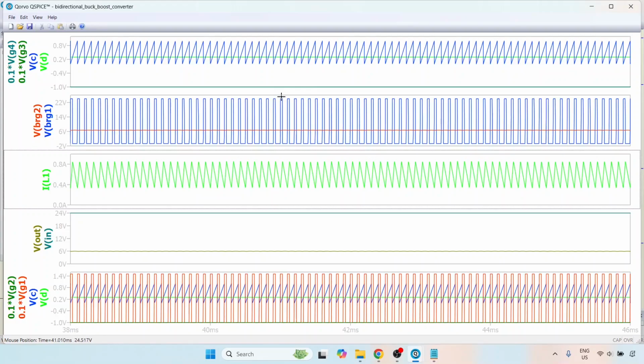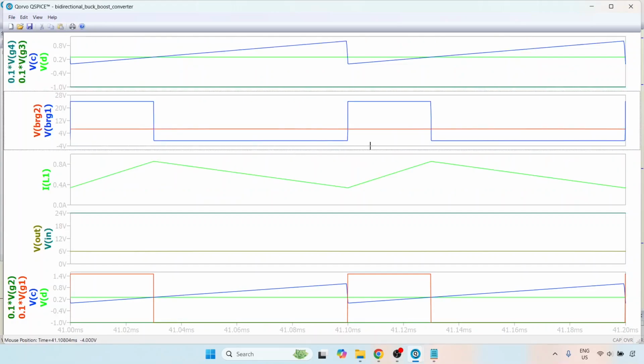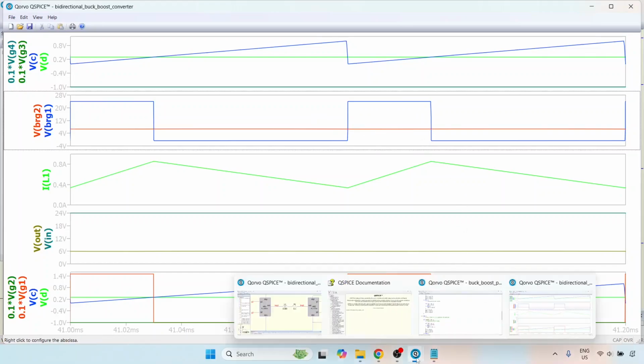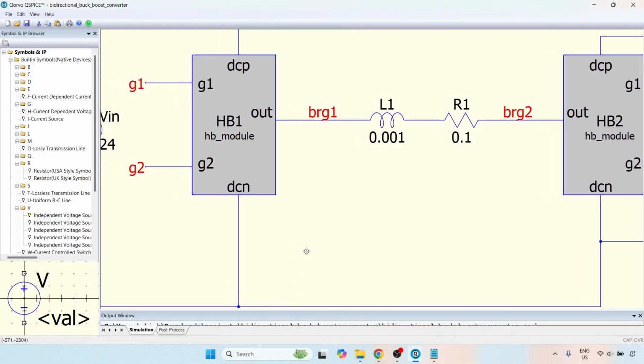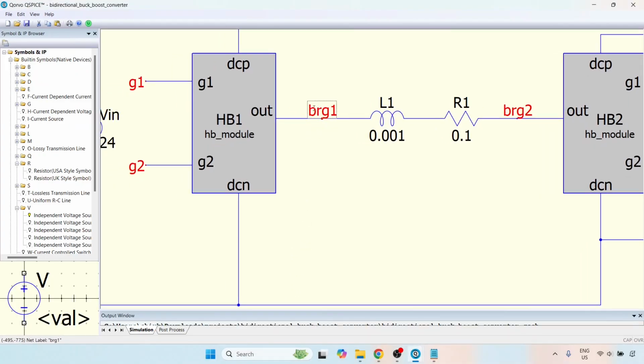Now let's look at this bridge voltage, which has a fairly interesting structure. If we take a look at the bridge voltage, we will see that the blue waveform is VBRG1, which is the output of the left half bridge module. This is a switched waveform due to the fact that this upper MOSFET here, M1, is being turned on and off.